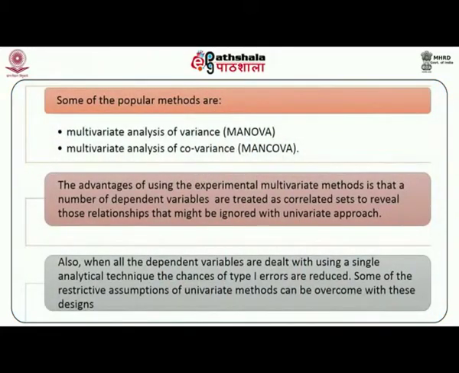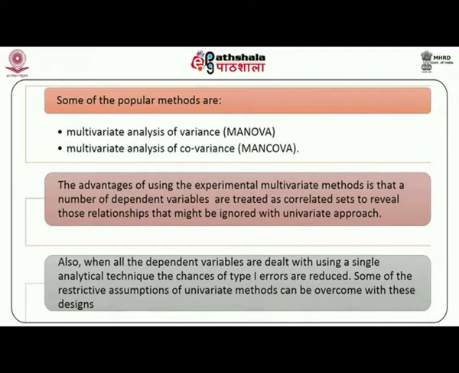Some of the popular methods are multivariate analysis of variance, that is MANOVA, and multivariate analysis of covariance, which we are going to call MANCOVA. The advantages of using the experimental multivariate methods is that a number of dependent variables are treated as correlated sets to reveal those relationships that might be ignored with a univariate approach.